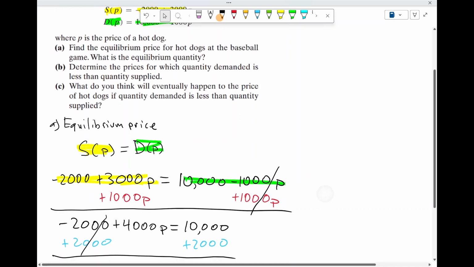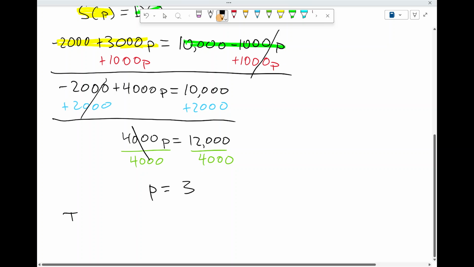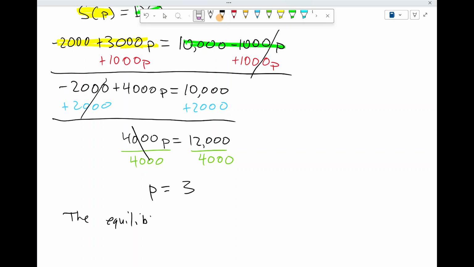And so the equilibrium price of a hot dog at this stadium is $3.